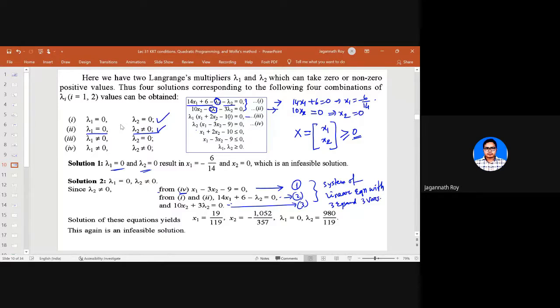So we can find the solution. Here we can see x1 is positive, x2 is negative, lambda 1 we have assumed 0, and lambda 2 we are getting positive. So again, this is an infeasible solution because x2 becomes negative. If it is a feasible solution, then we have positive.